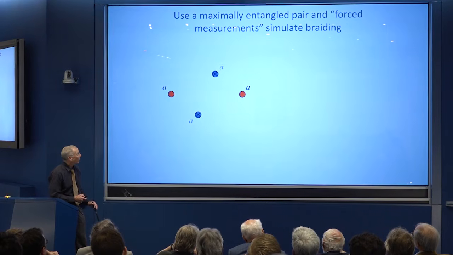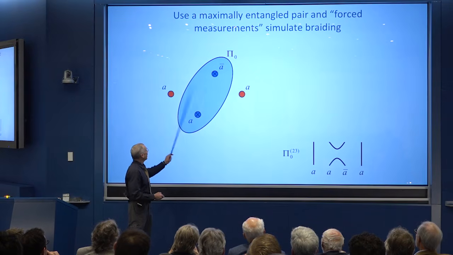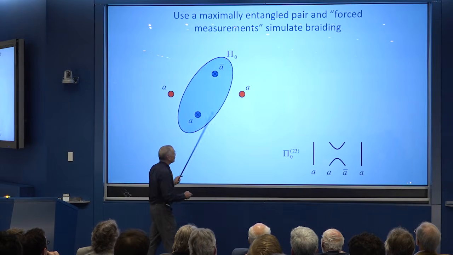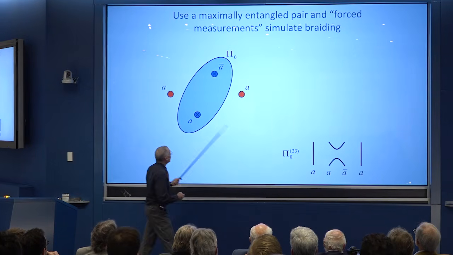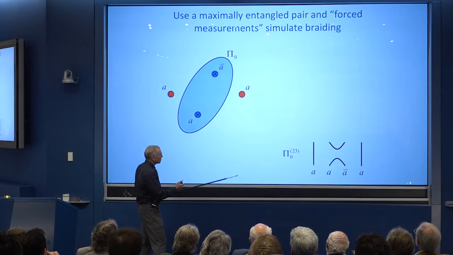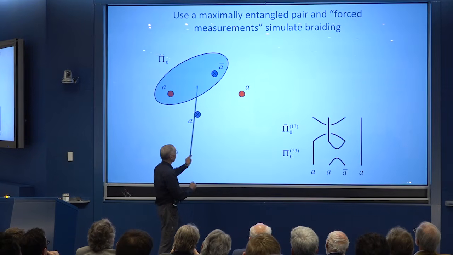And this is a little video where if you want to braid A and these two A's, you bring in these two blue particles out of the vacuum and you measure them. The ellipses are the measurements, and these two pictures correspond. That is, now you measure the first and the third over.